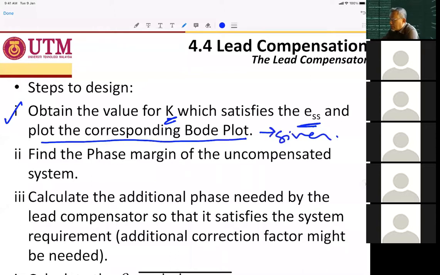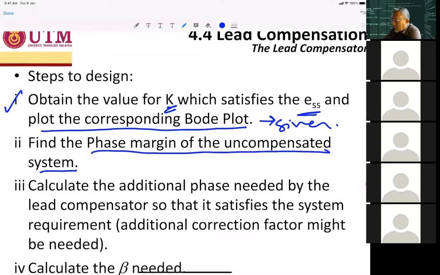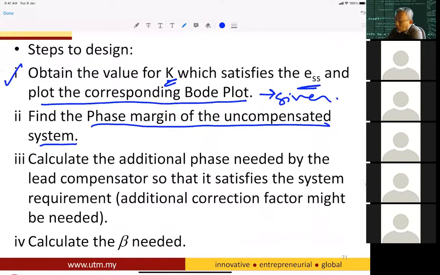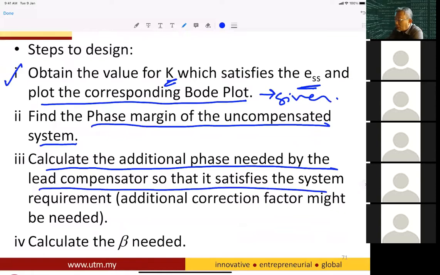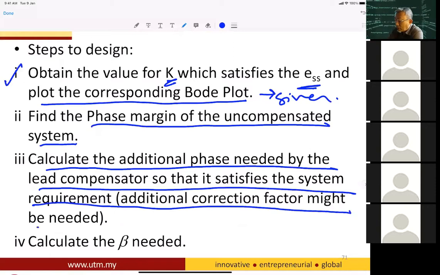Then find the phase margin of the uncompensated system. Then you have to use a correction factor as well. Calculate the additional phase needed by the lead compensator so that it satisfies the system requirement. You need a correction factor of plus 10 degrees.